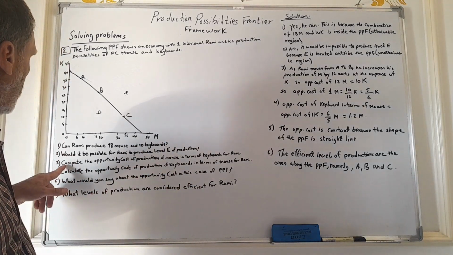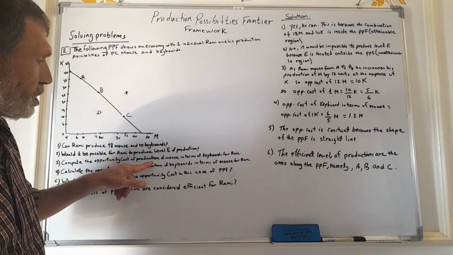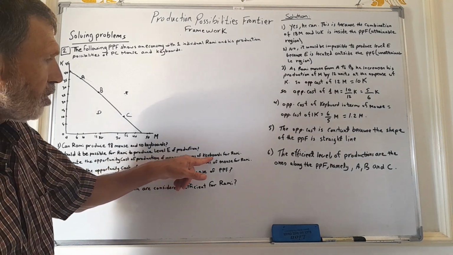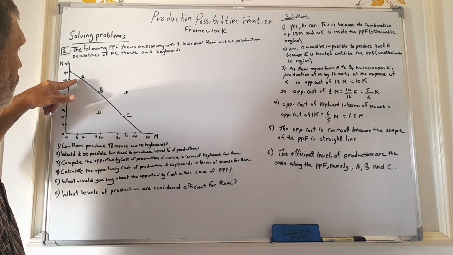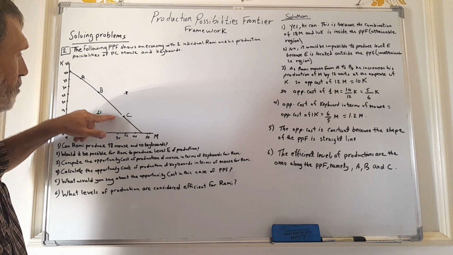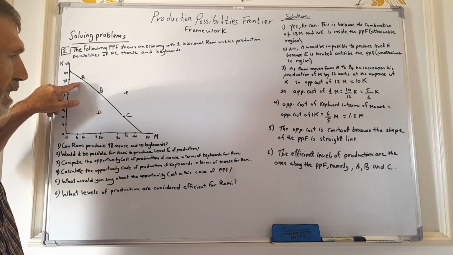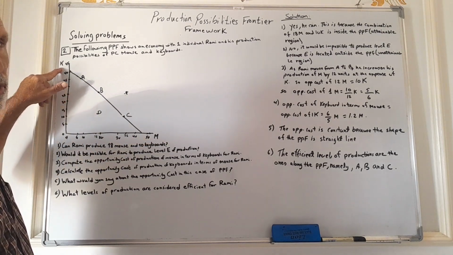Now, what about 3? Compute the opportunity cost of production of mouse in terms of keyboards for Rami. So, as you can see, if Rami were to move from A to B along the PBF, then the production of mouse will increase and the production of keyboards will decrease.